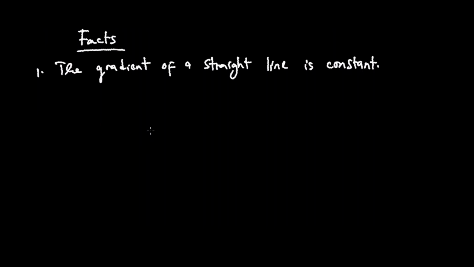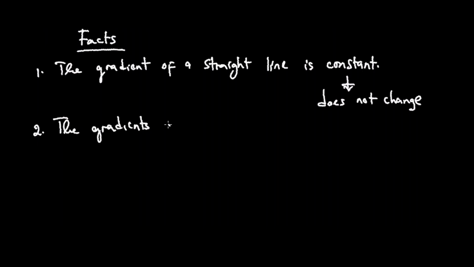Constant means it does not change. Number 2, the gradients of parallel lines are equal.